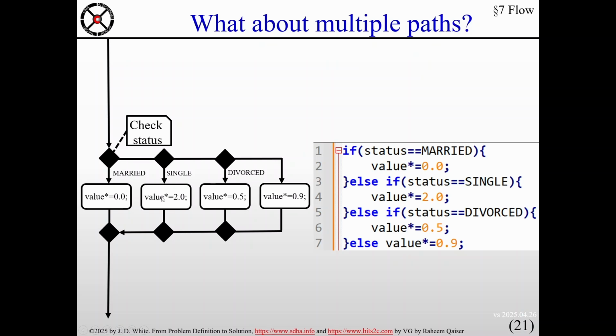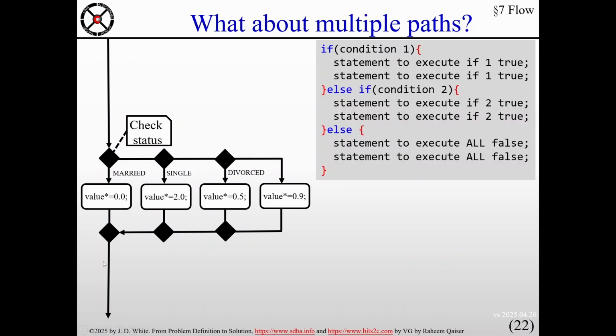If the person is single, value times equals 2. And then we merge and come back in. If he's not single and not married, check another case. Is the person divorced? If the status is divorced, multiply the value times 0.05, then come back.